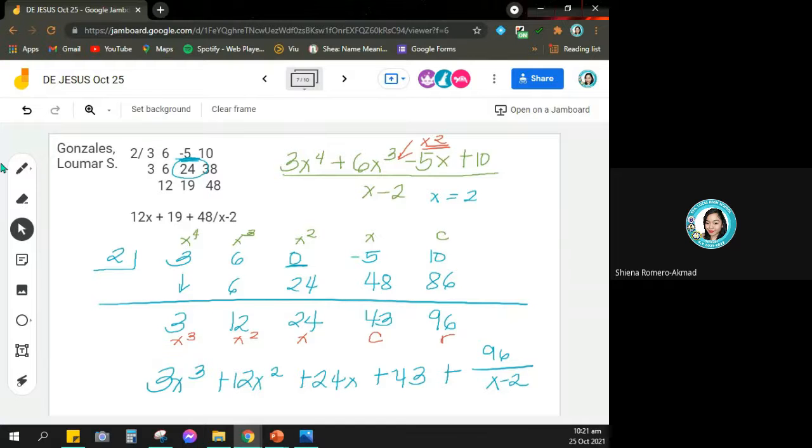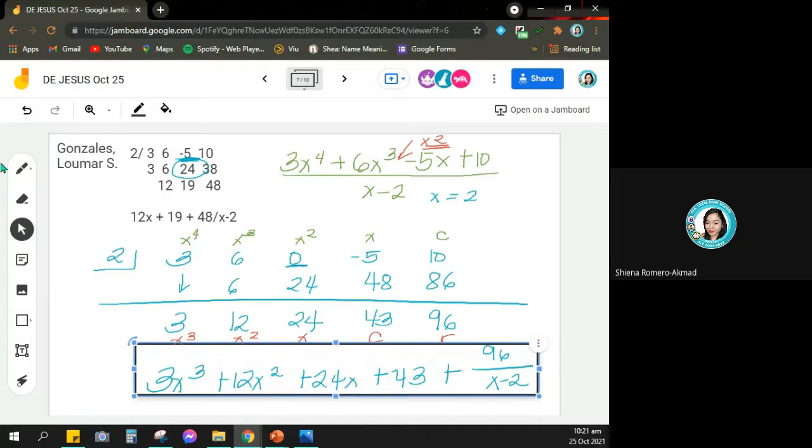Okay? So, ganun ang dapat yung gawin. Una, check if there are no missing terms. Pangalawa, copy the coefficient.